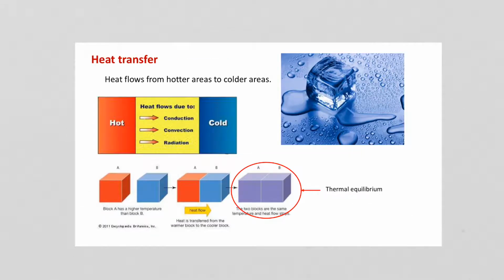I already mentioned in passing that heat flows from a hotter region in space towards a colder region in space. And this is the natural direction in which heat flows, from hot to cold. One can never see in nature spontaneous flow from cold to hot.